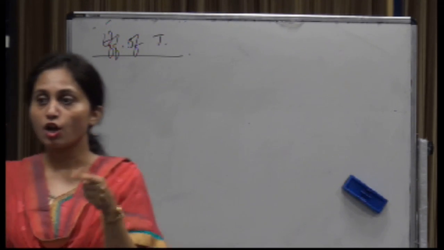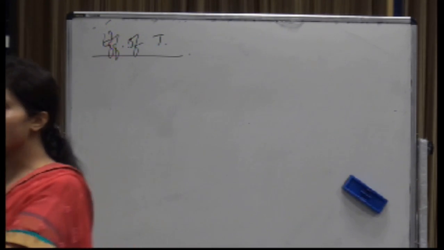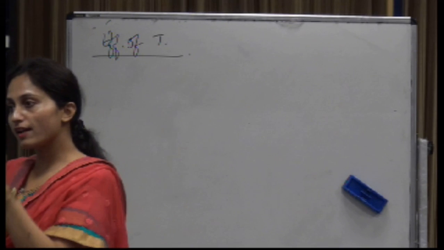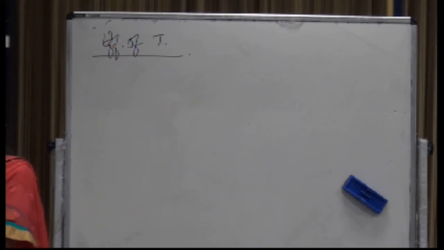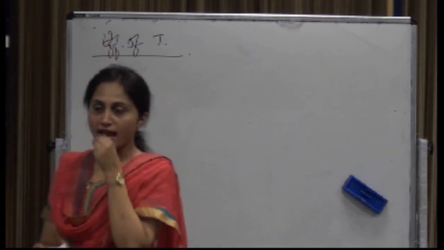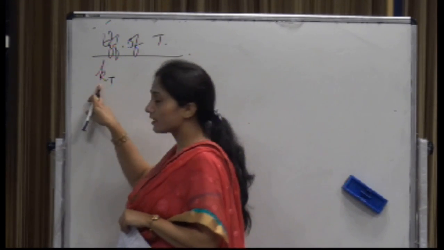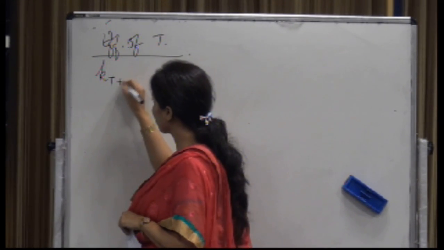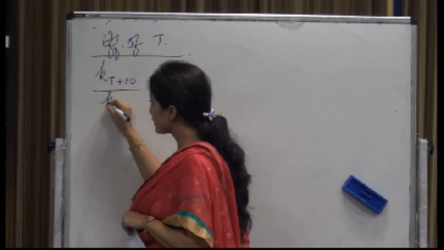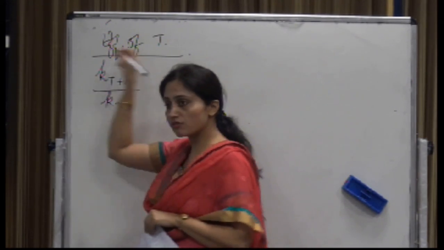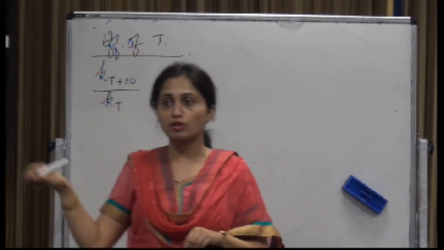Now just remember this, a question which is normally asked, and is given also in all the books: for every 10 degrees rise in temperature, the rate of the reaction gets almost doubled. Generally the temperature coefficient is the rate constant that you measure at T plus 10 to the rate constant that you measure at T. So this ratio is sometimes known as the temperature coefficient.